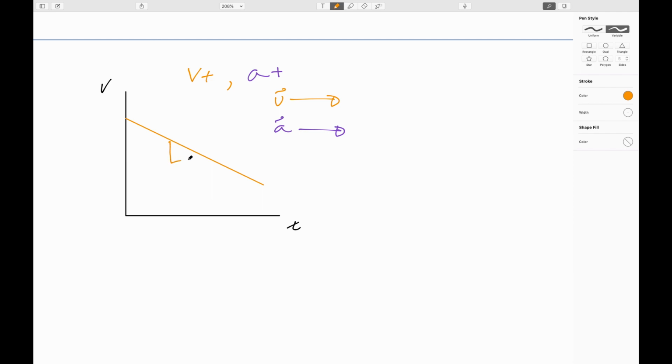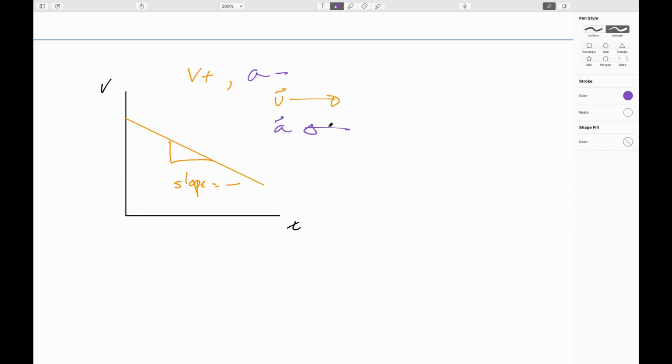So here, the slope is negative. With the slope being negative, that would tell us that the acceleration is now negative. And that would tell us that the acceleration now points to the left.